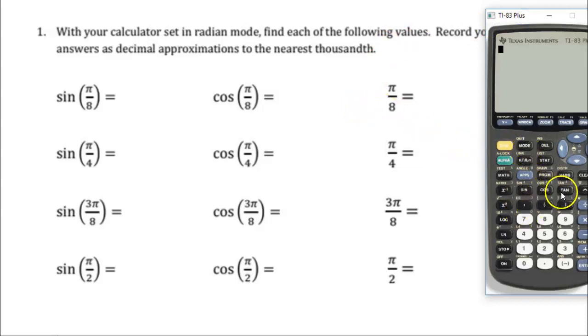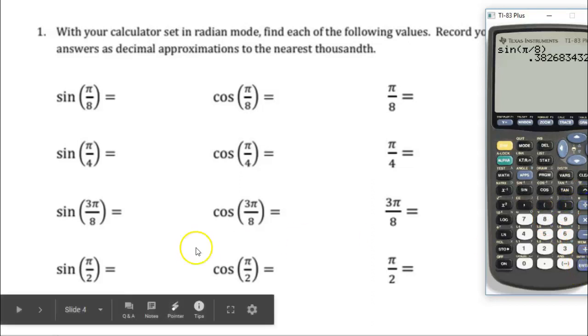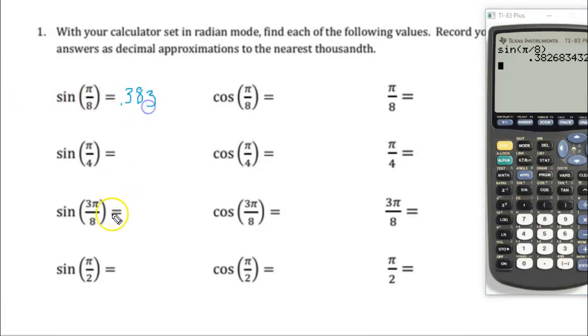If we find all of these calculations, the sine of pi over 8 is 0.383. Cosine ends up being 0.924. Pi divided by 8 is just equal to 0.393.